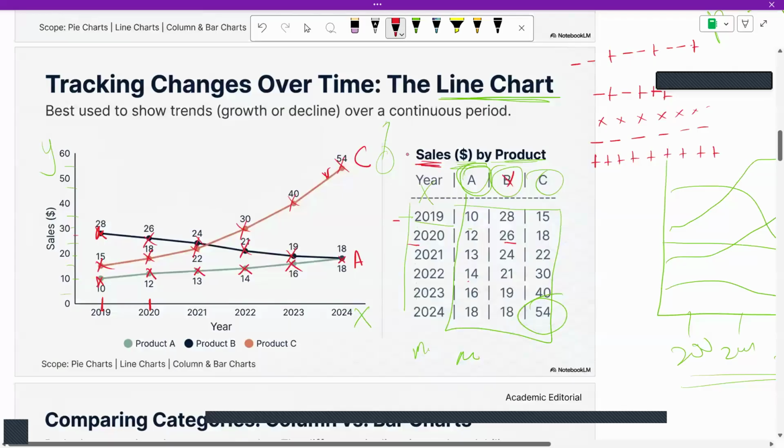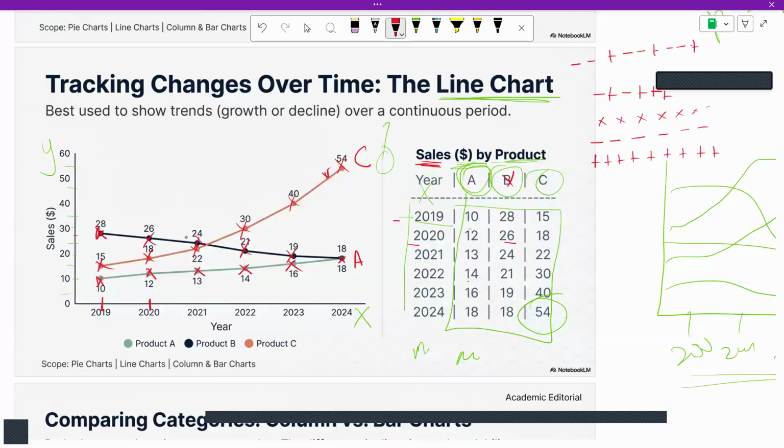it is obvious that the sales of product C are increasing, and product A also increases, but very slowly, and the sales of product B are dropping continuously. So in the near future, it will lose its market.